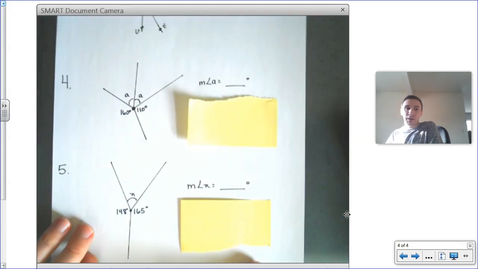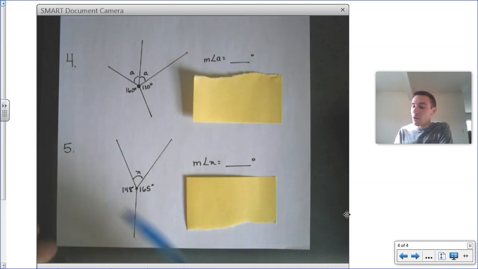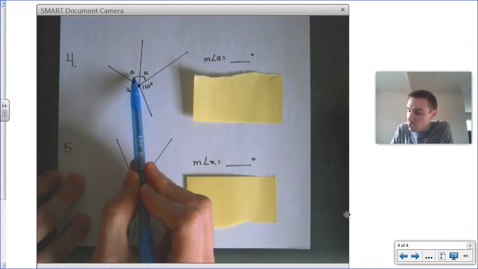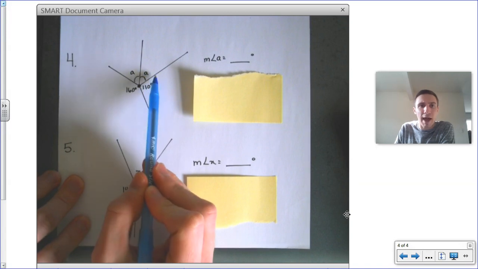All right, a couple other examples for us so that we can challenge our brains a little bit. This is one of the note sheets that I would use in class. So that's why it's hand drawn out. I'm going to write on these Post-its here so that my writing is a little bit more clear for you guys on the computer. So I have two angle A's, and algebraically, we would call this 2A, right?